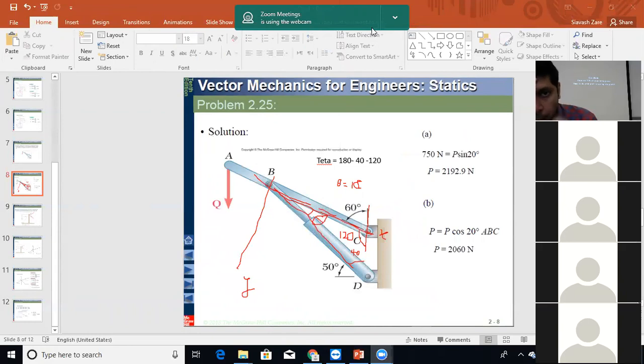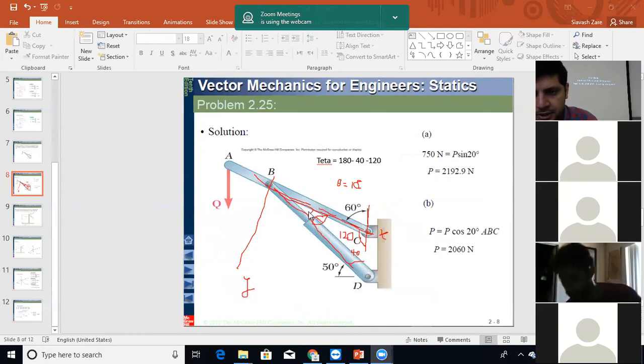Any questions here? So then we know the component in the y direction, which is 750, and by definition it is the magnitude of the force times the sine of theta, and so that would give you the magnitude of the force. And using the same method, you can calculate the components.